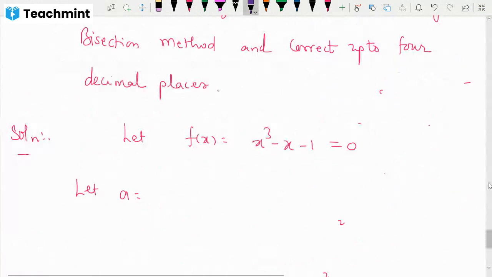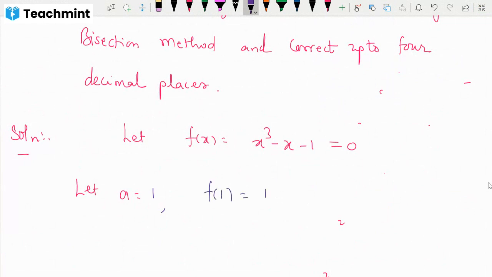So let us find a and b at which f(x) has opposite signs. Suppose f(a) is positive and f(b) is negative. Let's take a equal to 1. So what is the value of f(1)?